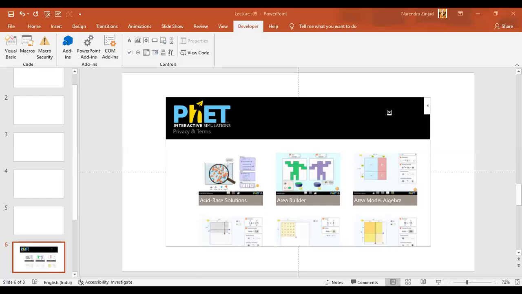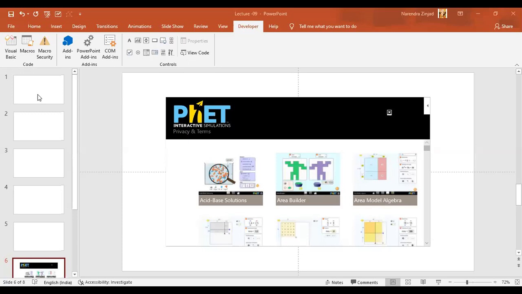Above the taskbar, only host, share. Okay, fine. There was this issue. Yeah, now I am able to share it. Are you able to see this, ma'am, now? Yes, sir, now it is visible. Okay, fine. Thank you.